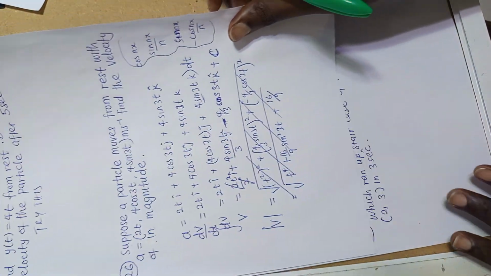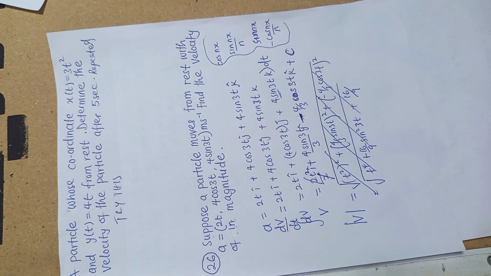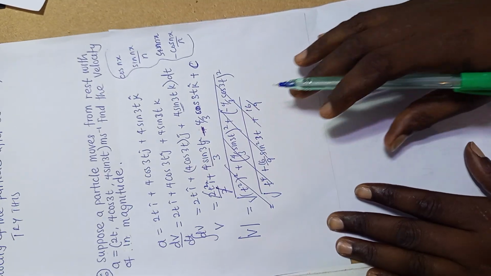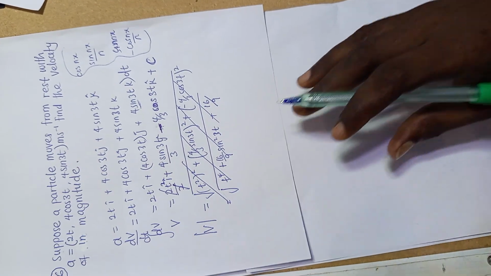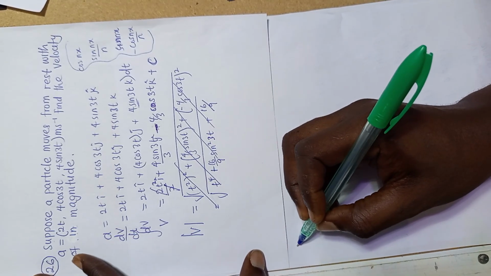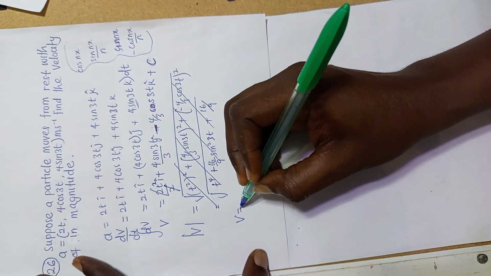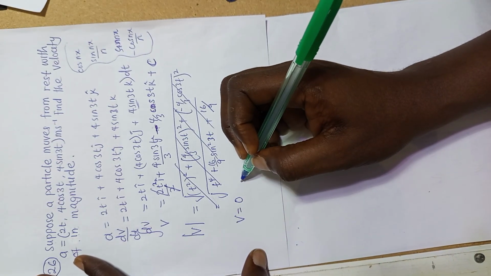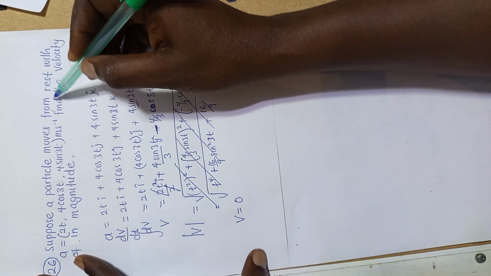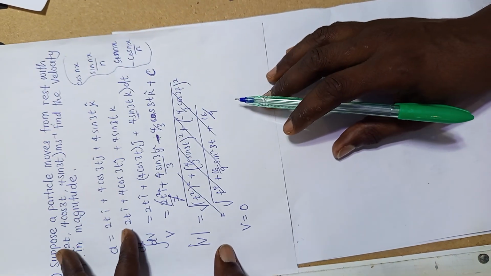So now what we are going to do is solve for v. How do we solve for v now? We use the initial condition: when the body starts from rest, v is equal to 0.